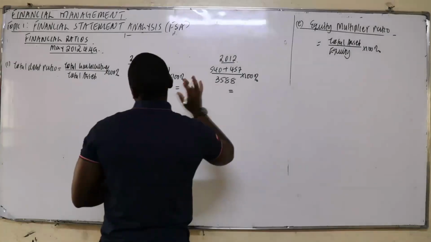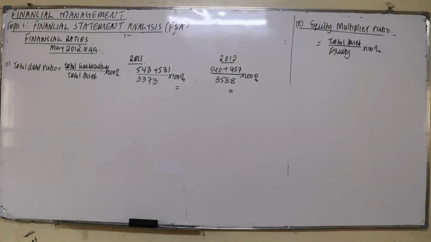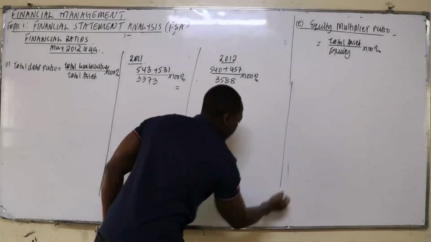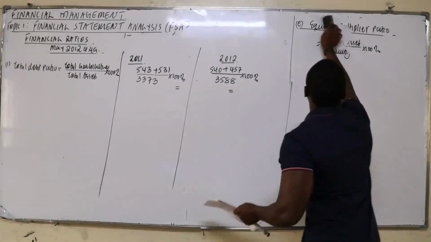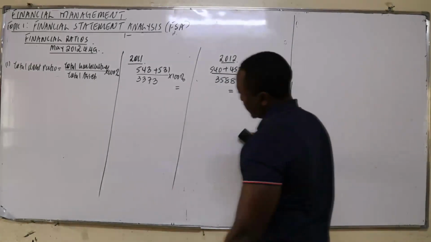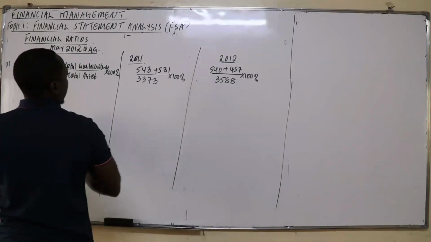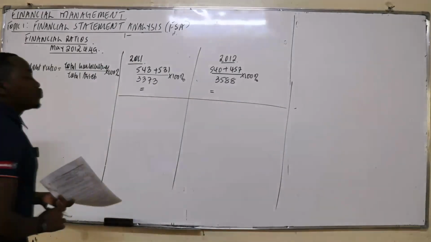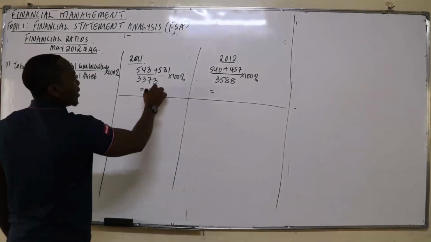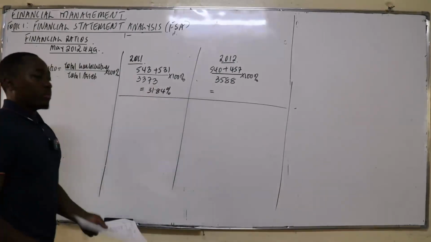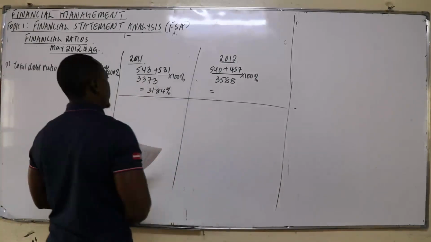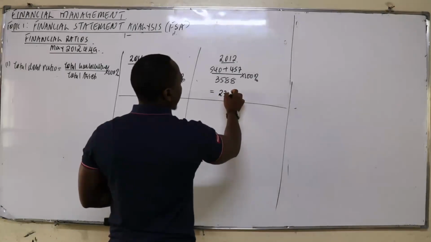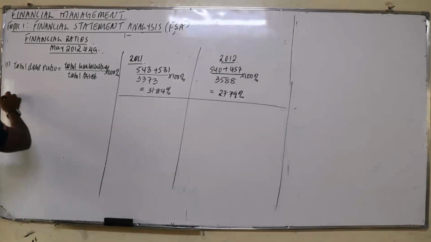Now, what you can notice is that all the gearing ratios are expressed in percentage. So what do you get? 84%. 27%? 7%. Good.